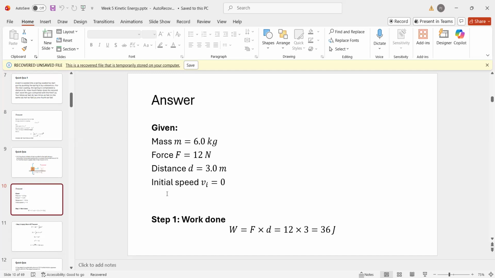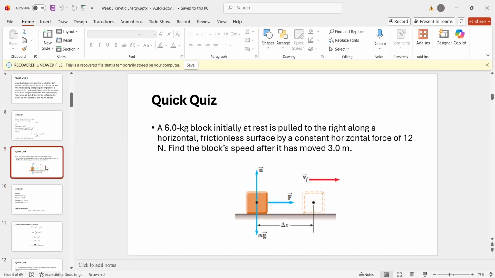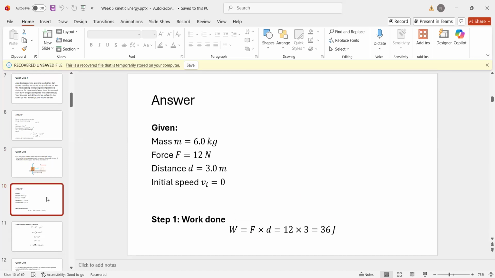So now the initial speed is 0. Why is it 0? Why is the initial speed 0? Because the block was initially at rest. Okay, all right.